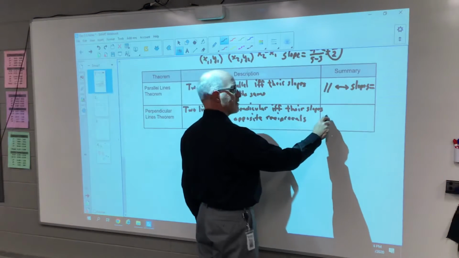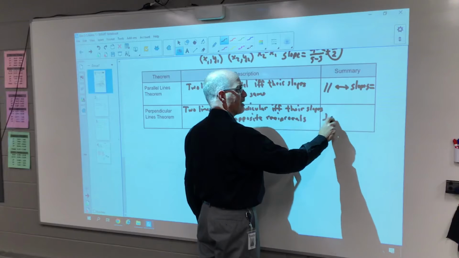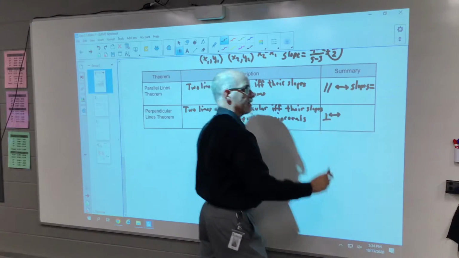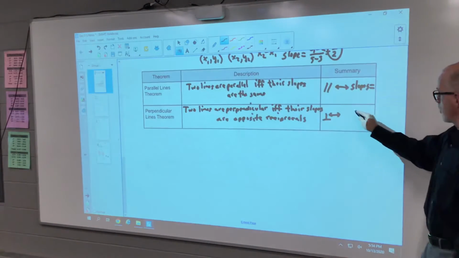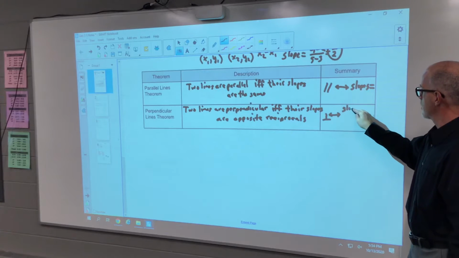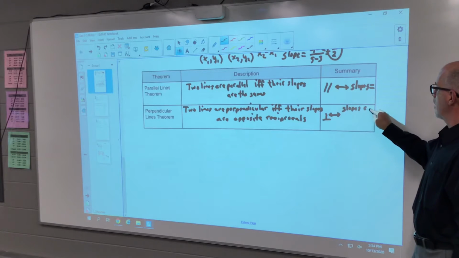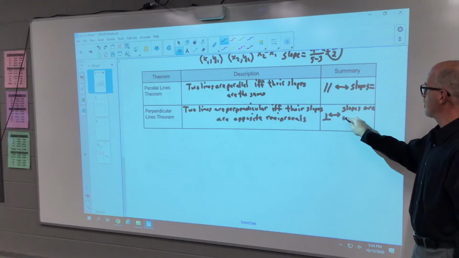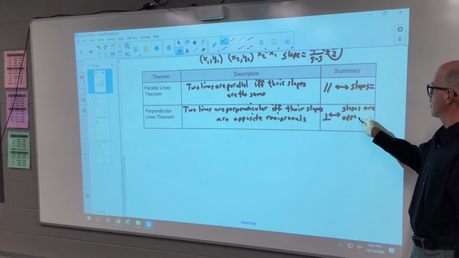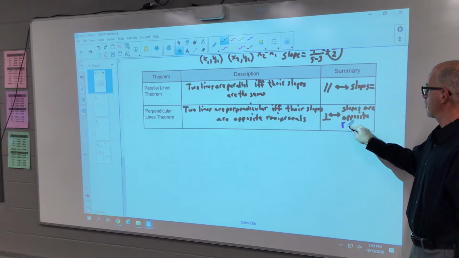But what we have is we say perpendicular if and only if slopes, this, we're going to write that out, slopes are opposite reciprocals.